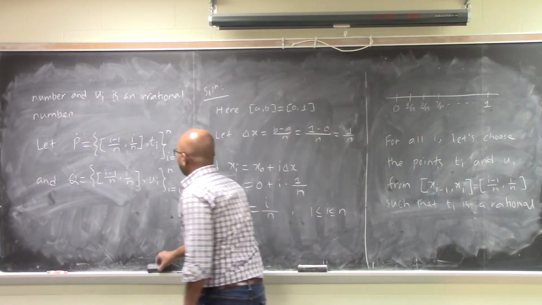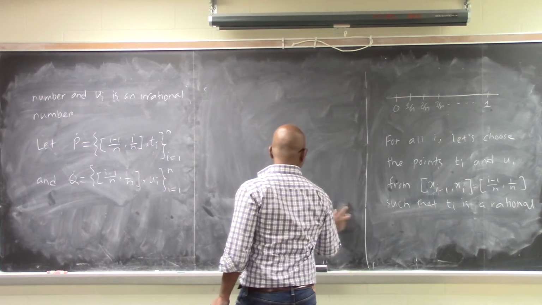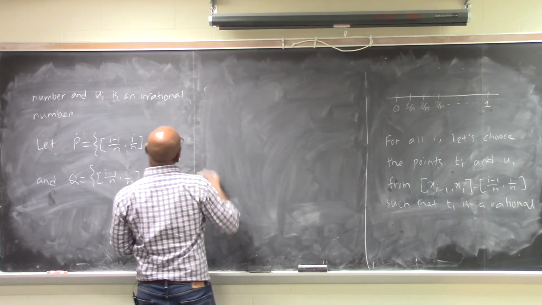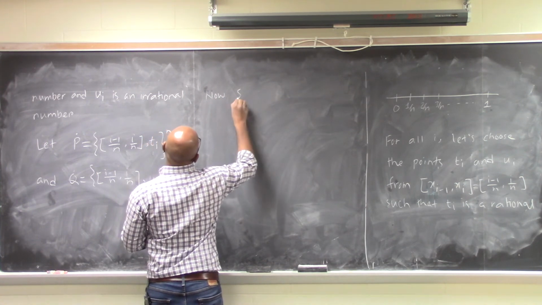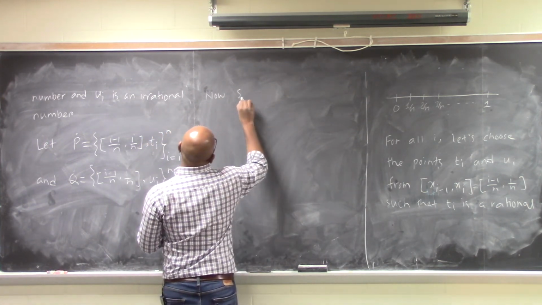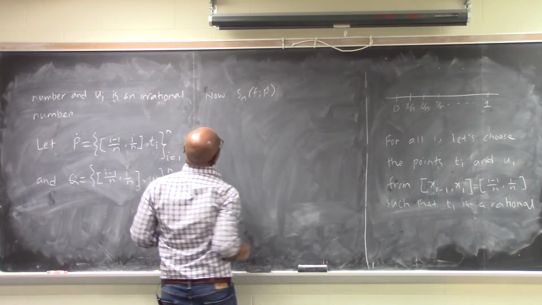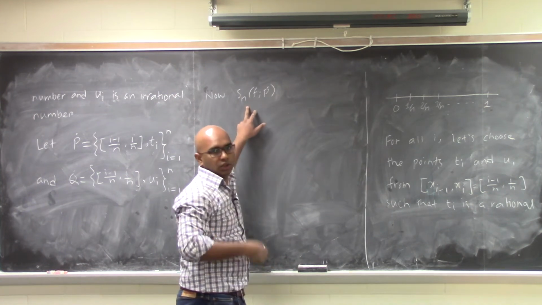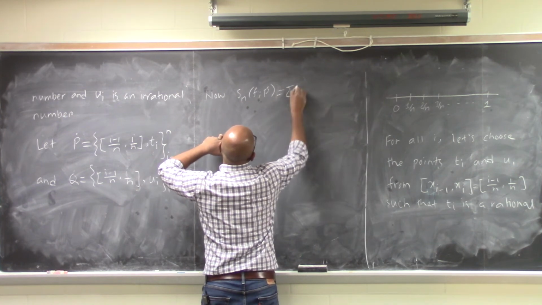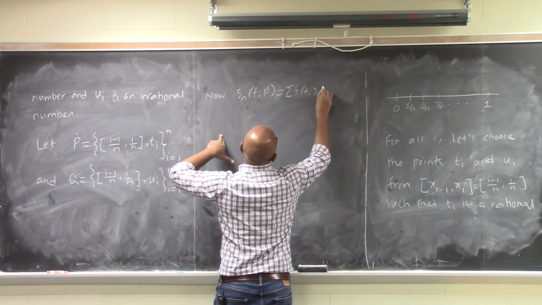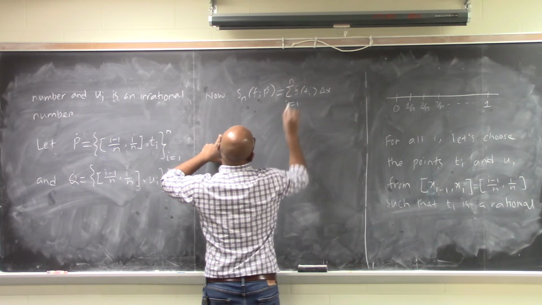Now, let's put n there, S_n(f, P dot). So the Riemann sum of this function corresponding to this tagged partition P is going to be the summation of f of t_i times delta x, as i runs from 1 up to n.